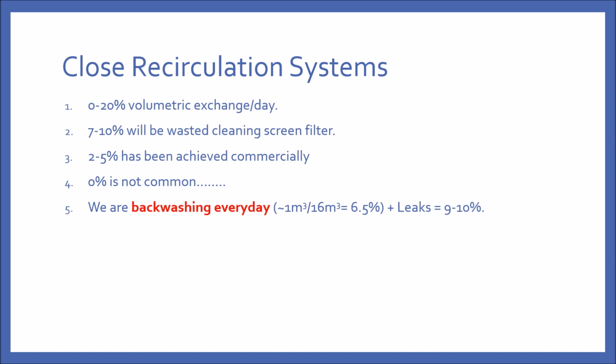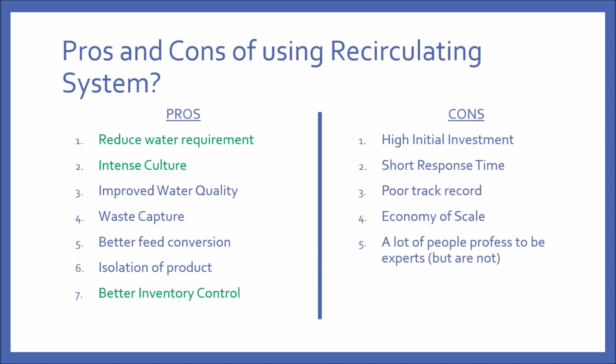Factoring in leaks, which are definitely going to happen in your aquaculture systems, sometimes that could account for up to 9 to 10% of volumetric losses during the backwash and leaks. And when you lose water in the aquaculture system, you do have to replace it. So I would say 9 to 10% is a conservative amount.